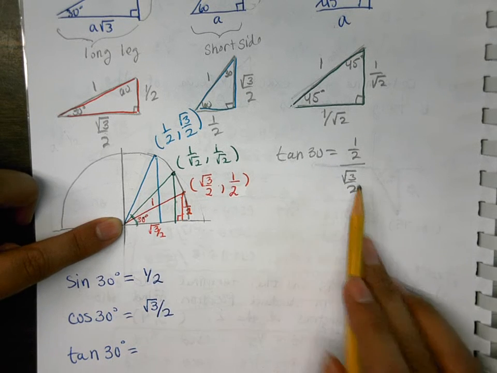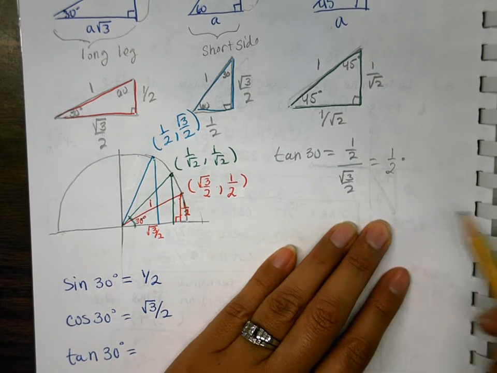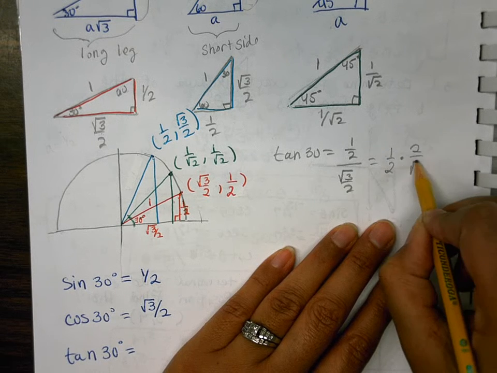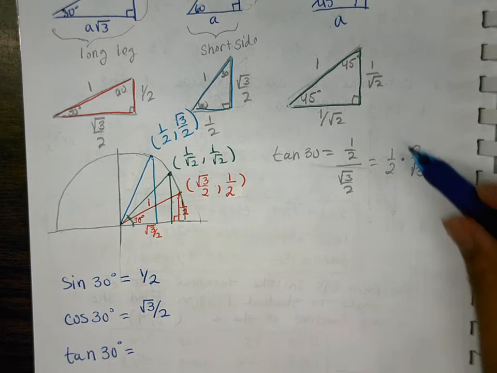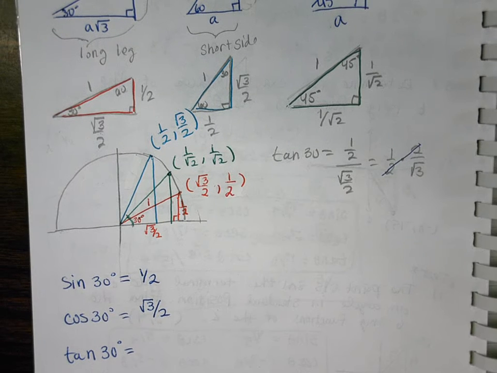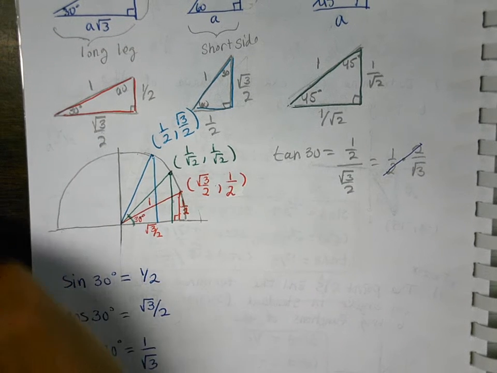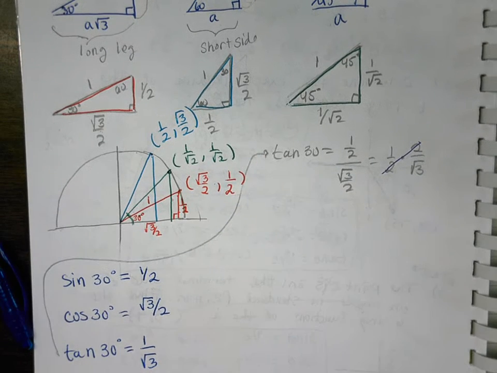When you're dividing fractions, you multiply by the reciprocal, so it's 1/2 times what? 2 over root 3. Is anything going to reduce there? The 2. So I'm left with root 3 or 1 over root 3? All right, 1 over root 3. If you want to put a little note here so you know where that work came from, it's there. That's how we got 1 over root 3.